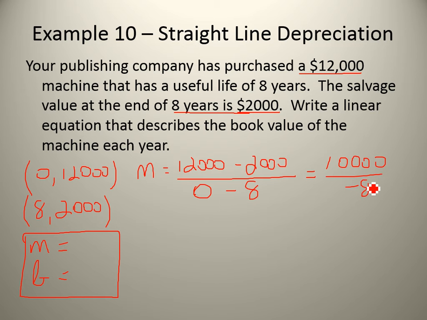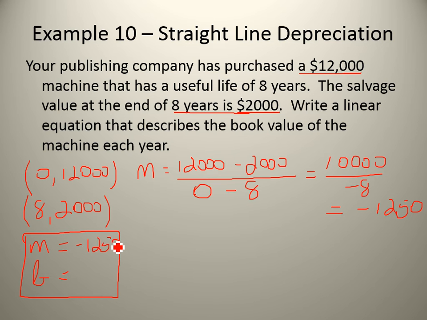Then I want to divide that out. We've talked before about making sure that if something doesn't divide evenly, leave it as a fraction, but if it does divide evenly, which in this case it does, divide it out. So 10,000 divided by negative 8 is negative 1,250. That's the value of the slope.